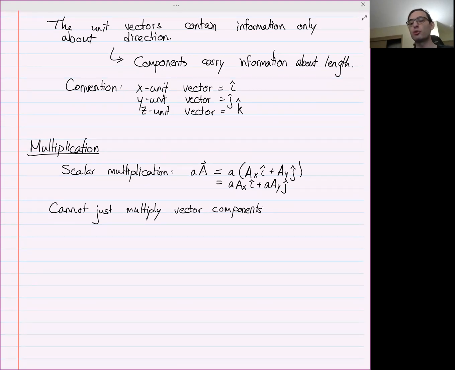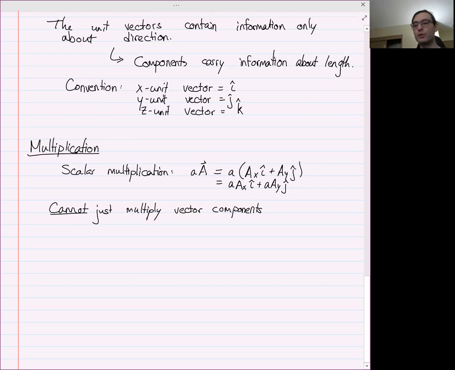If you just multiplied vector components, like if you said the vector A times the vector B was Ax times Bx in the x hat direction plus Ay times By in the y hat direction, and so on, the resulting vector you would get would depend on what axes you had chosen. And the axes we choose are arbitrary. You can choose whichever axes you want. So you really don't want to do that, because it tells you more about what axes you chose and less about the fundamental objects that the vectors are. So that's not a sensible way to multiply vectors.